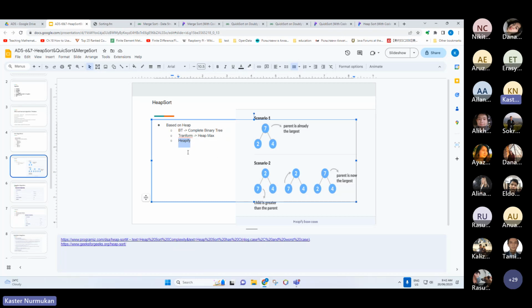So that's the reason we need a process called heapify. It makes sure of self-balancing. Heapify tries to extract the maximum value and put it in the root. That process is called heapify. We also introduced it last time.